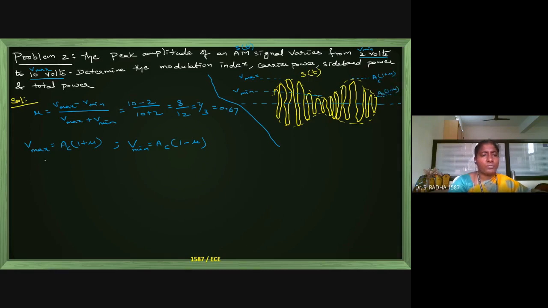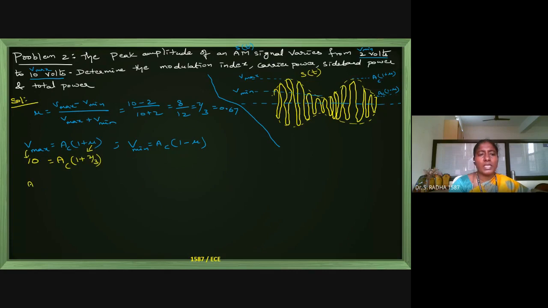Now, from the first equation, V max value is given in the question as 10. AC we don't know. Mu value we calculated as 2 by 3. Okay, so I will substitute that.